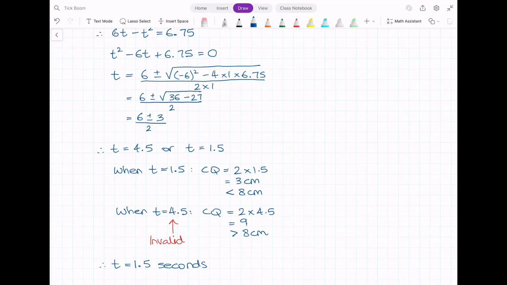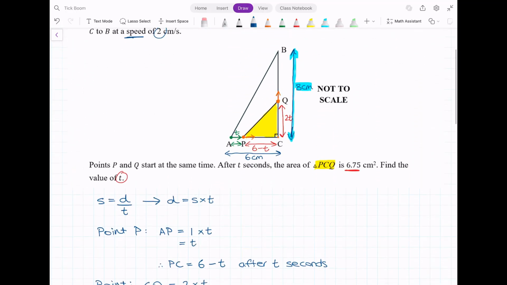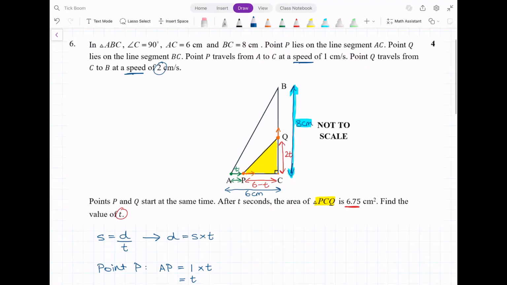And it just happens that in this question it's very easy to miss that nuance that there is a constraint on the length of CQ, and one of our solutions happened to breach that constraint. So again, as I already mentioned, that's something that I didn't get completely right when I first tried this question, so I wouldn't lose heart if that's something you did too.